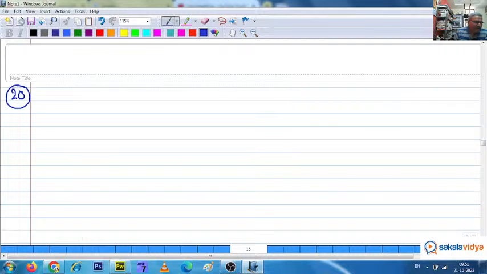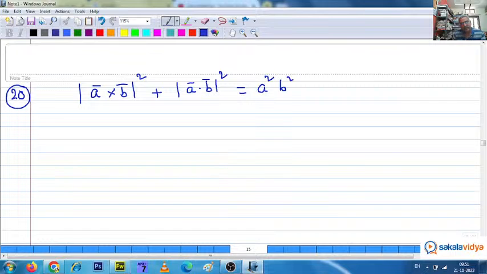Okay, next, this is very important, once again you remember. Mod of A cross B whole square plus mod of A dot B whole square is equal to how much? This is equal to A square B square, you remember.